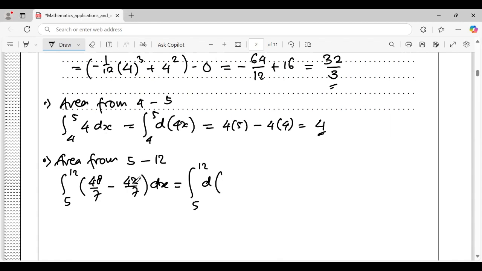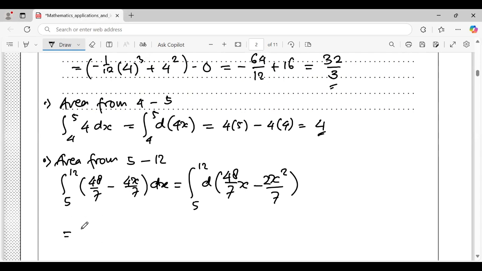The integral of this expression is 48 over 7 x minus 4 divided by 2, 2x squared over 7. Now substitute 12 and 5 into this expression.